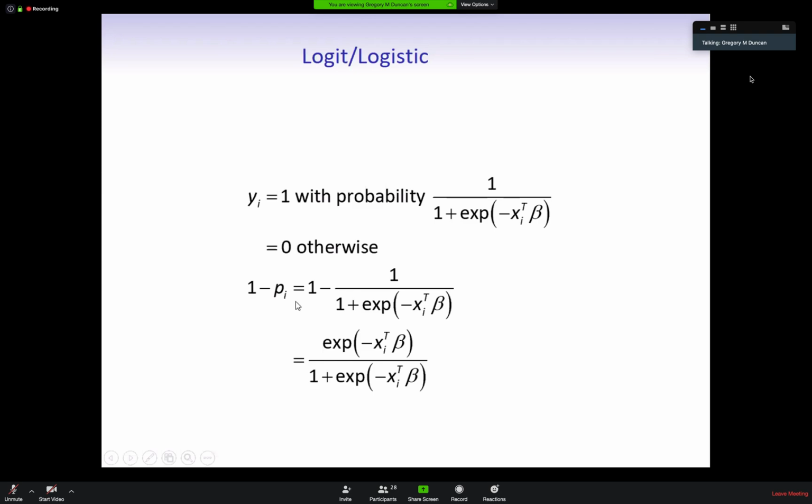It turns out 1 minus p is exp to the minus x beta divided by 1 plus exp to the minus x beta. So both pi and 1 minus pi have the same denominator. That's going to become crucial later on.